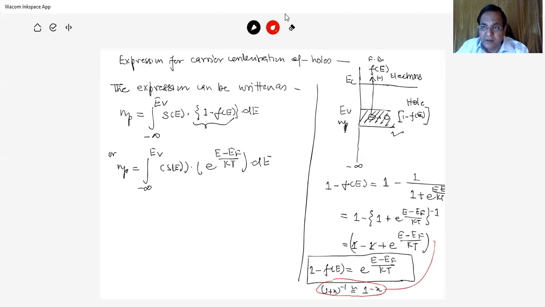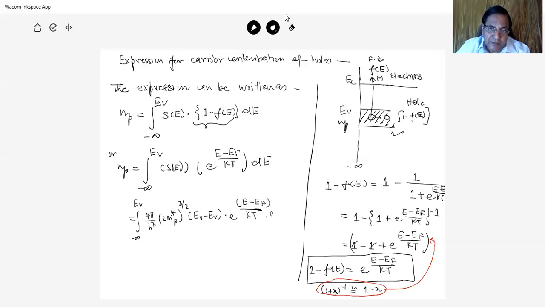Now we can write the complete function as the integral from minus infinity to EV, where S of E is 4 pi over h cube times (2 m star of p) to the power 3 by 2, times (EV minus E) to the power 1 by 2, times e raised to the power (E minus EF) upon KT dE.